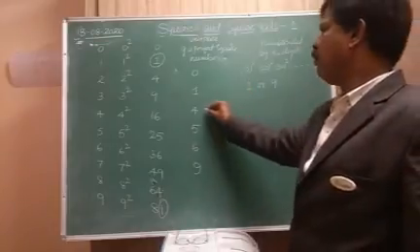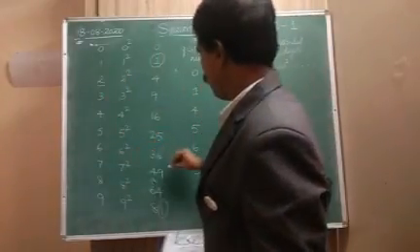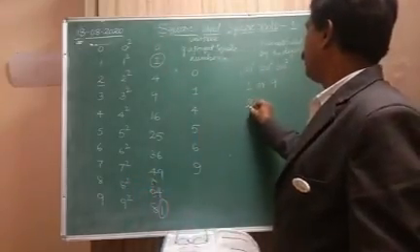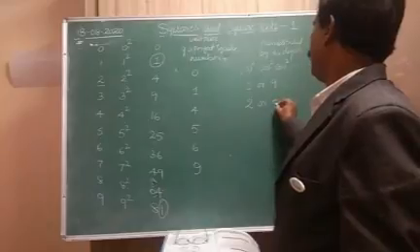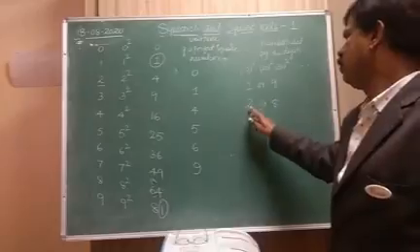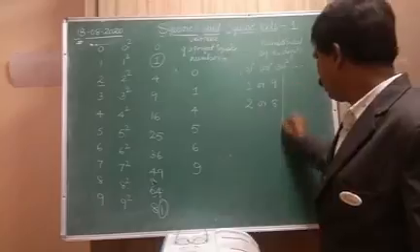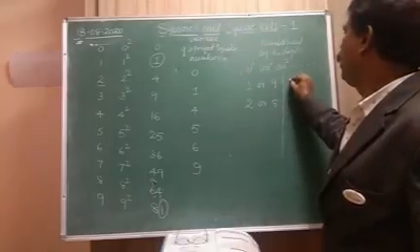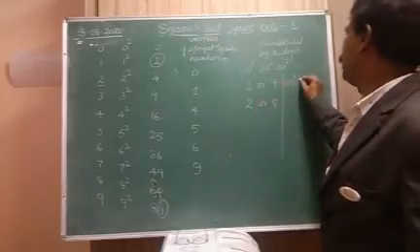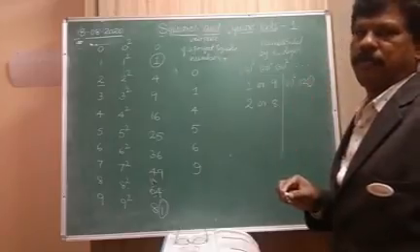Now 4, look at this. This 4 comes from 2 and here 64 from 8. So numbers ending in 2 or 8. For example, 11 square is 121, see, the unit place is 1.